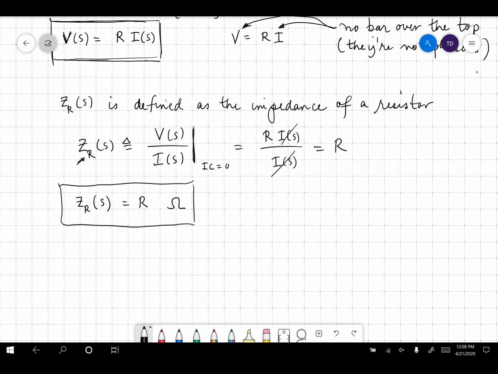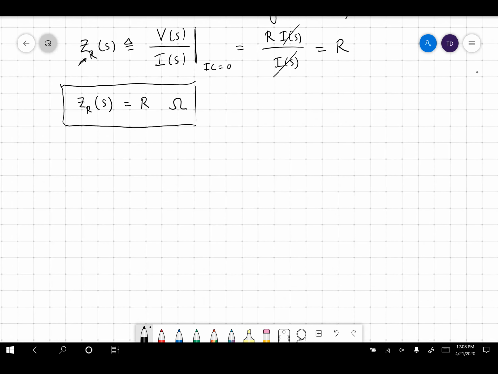So that means the following. When we transform this circuit element in the time domain, it looks like what we had up above: R, current I, voltage V across it.